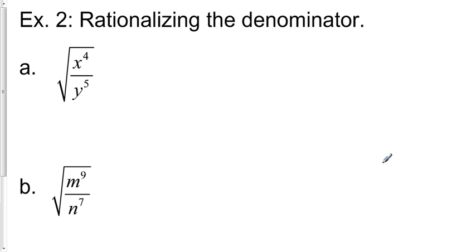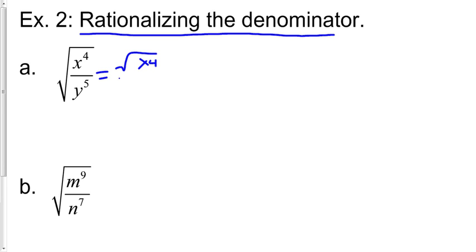Okay, let's try these where we have some fractions under our radical sign. When you see this, if you can't simplify the denominator, we need to do what's called rationalizing the denominator. What I've titled up here, rationalizing the denominator. So let's just begin here by splitting up the top square root from the bottom square root.